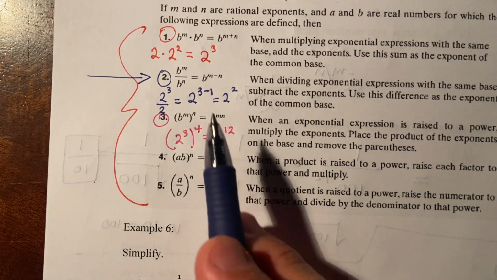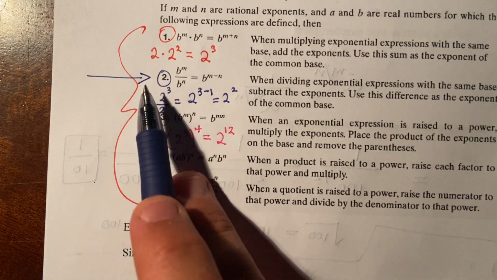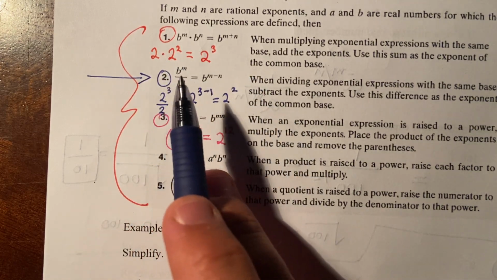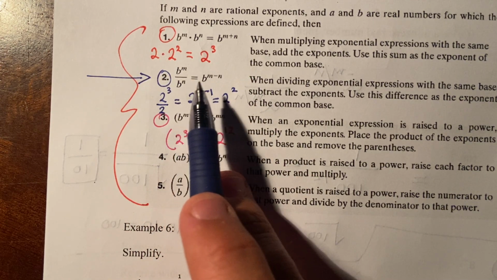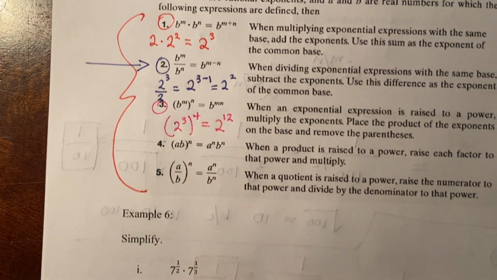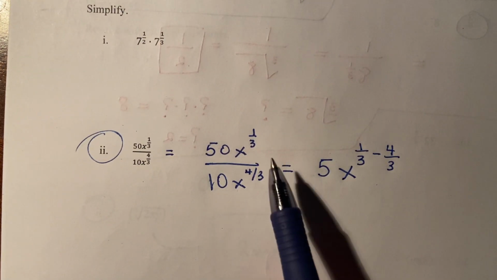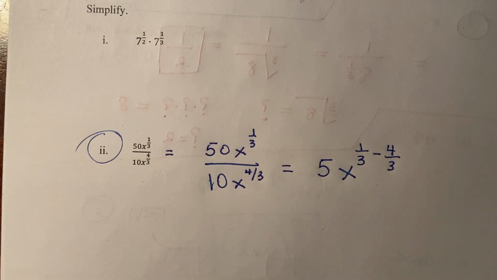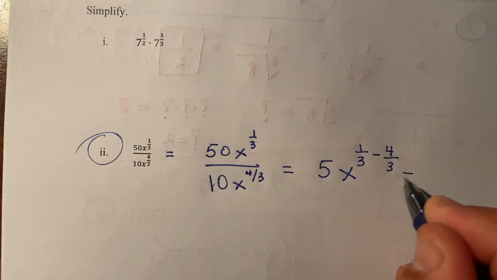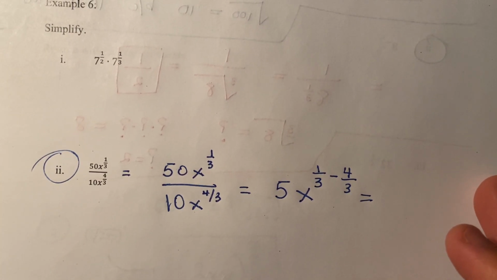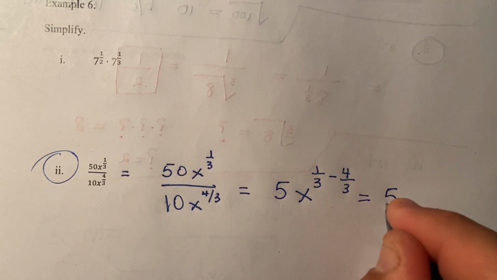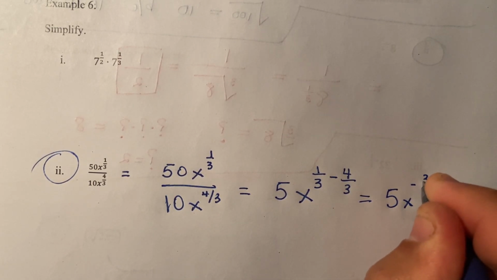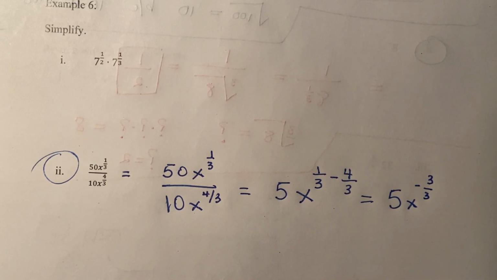And so I'm applying the second property, right? The upper power minus the lower. So here's the upper power minus the lower. So negative 3/3, right? We'd have 5x to the negative 3/3.